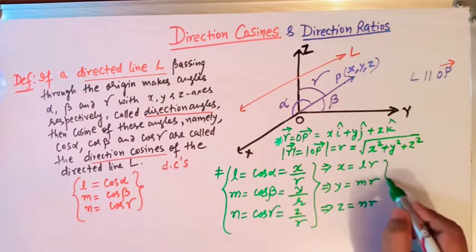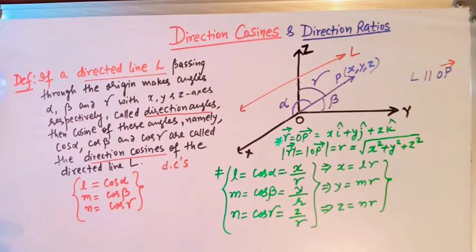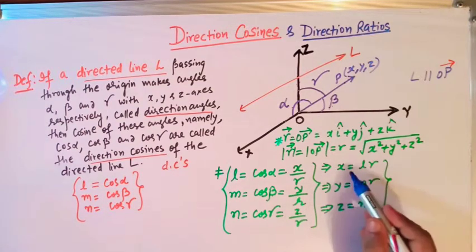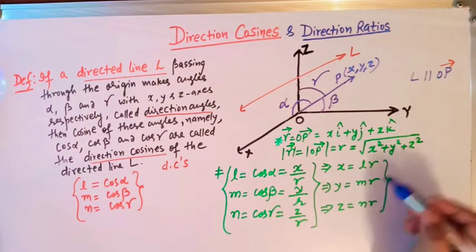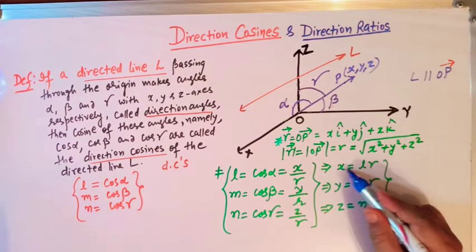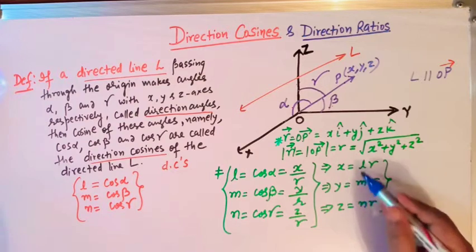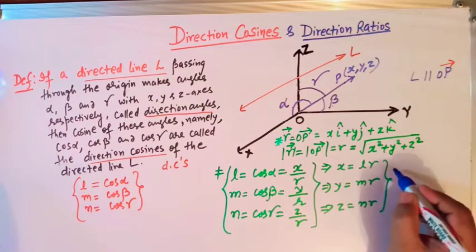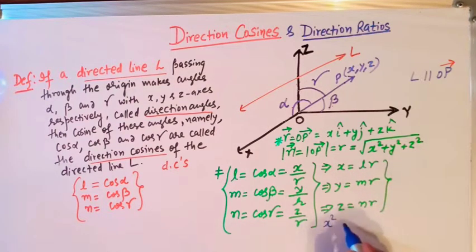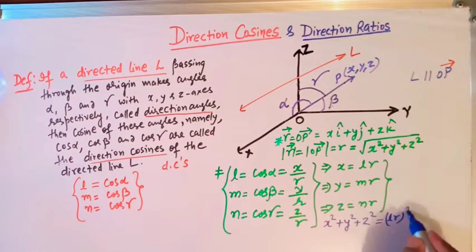Clear? Okay. Now if we square and add these three equations, right? So if we write x square plus y square plus z square, then we have l square r square plus m square r square plus n square r square, right?